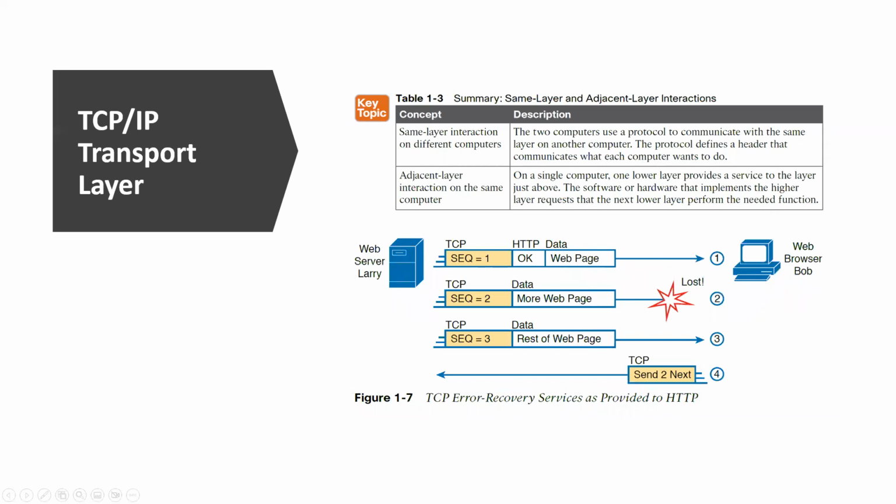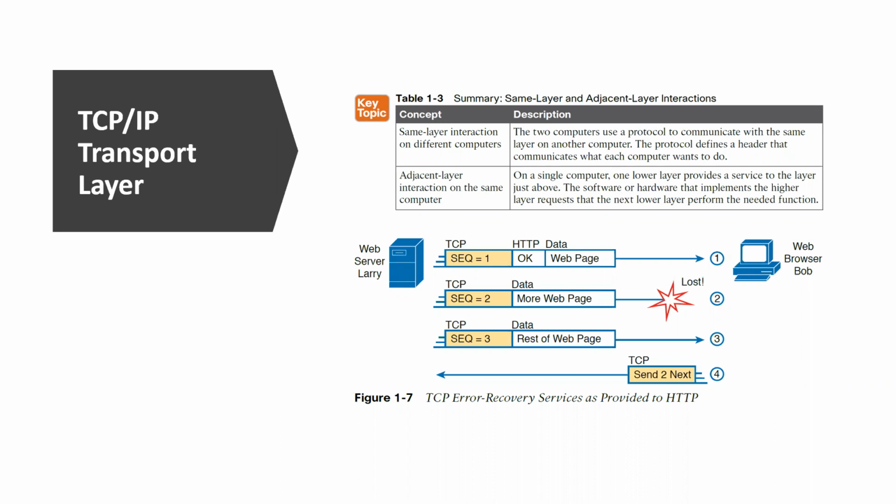So I'm sure you guys saw the different layers. There are two different theories as it relates to communication from a source to destination, or two hosts, or two PCs, and I'm sure you've seen it when troubleshooting. The theory of same layer interaction as it relates to a networking model or OSI model, or adjacent layer interaction.